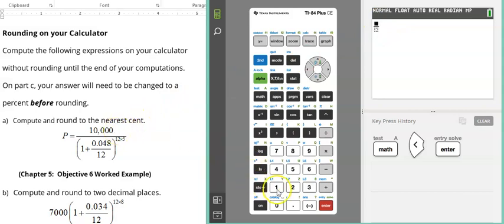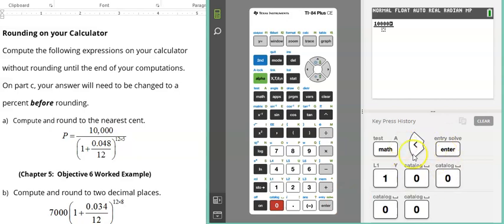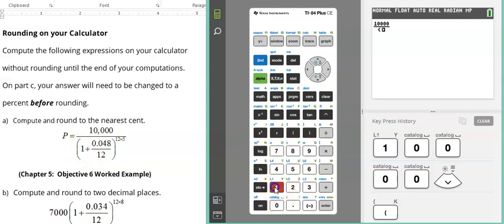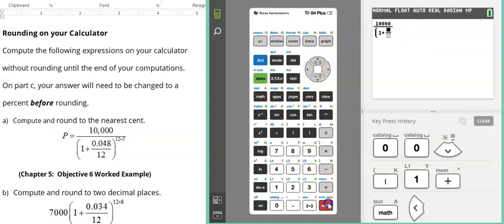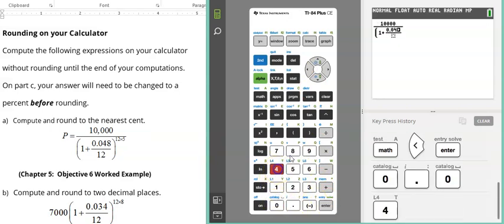In the numerator, we're putting 10,000. Notice all the keys are showing up here if you need to reference them later. Now I'm going to go down to the denominator using the down key, and we need parentheses, 1 plus. Now we need another fraction, so I'm going to go to Math, this fraction, n over d, and 0.048 over 12.